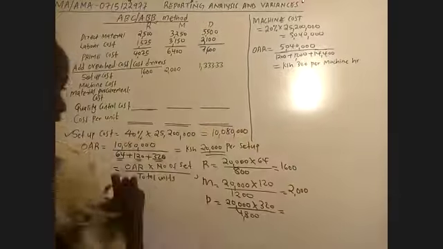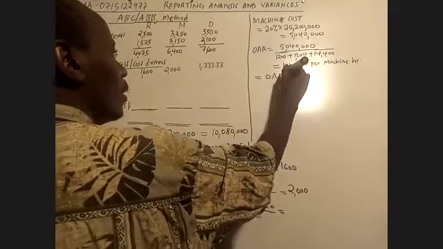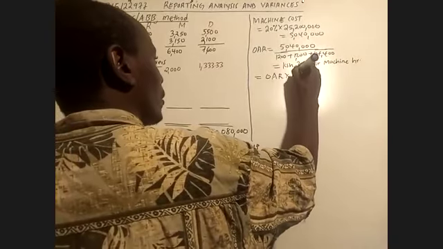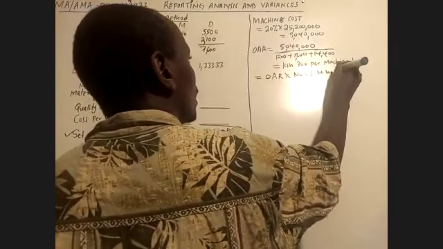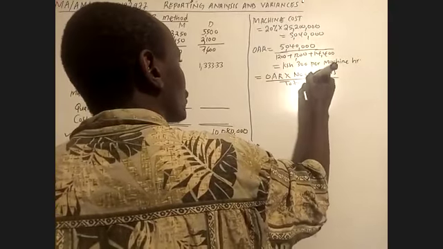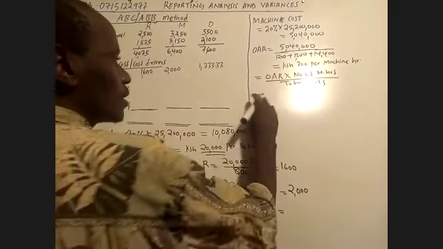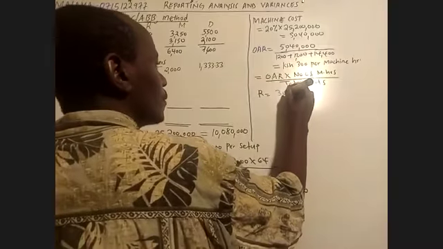We use the same formula here to find the cost for each. We multiply the OAR with the number of machine hours, and then you divide by the total units, so that you can get cost per unit. Now, let's start with the first product. The OAR is 300.